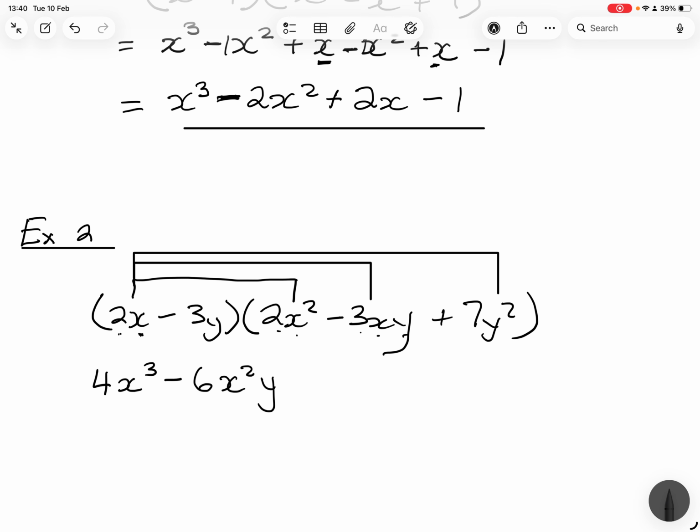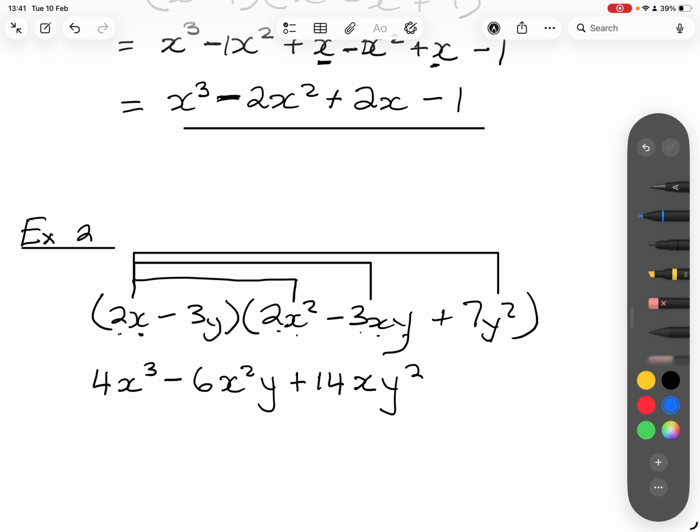By the way, we've got positive times a positive, which will give me positive. So that's 14, and that's x. There's no other x term in the other one, and multiplied by y squared. So that's 14xy squared. Now let's go on to the next set.